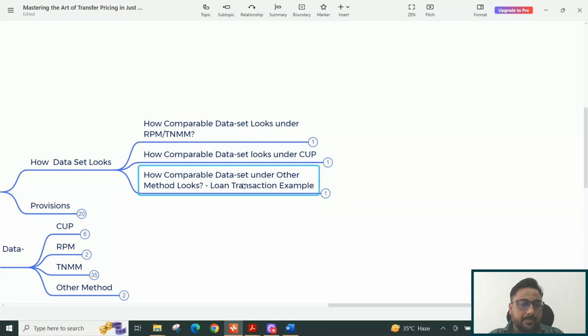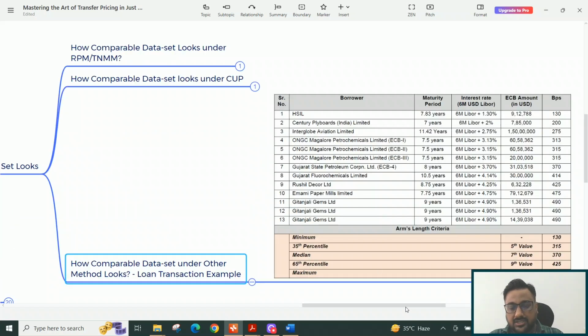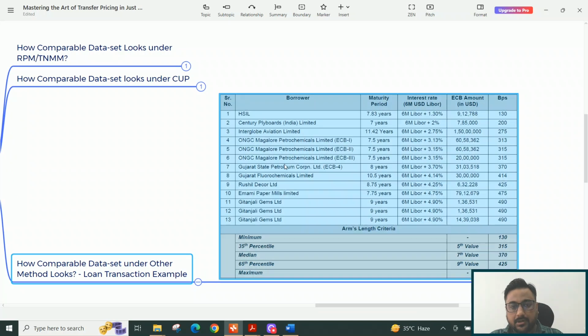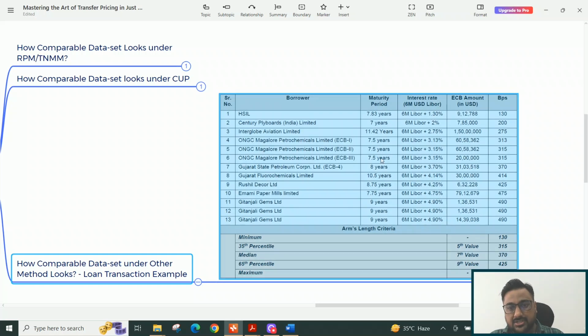Now how does the comparable data set look under the other method? We saw CUP, RPM and TNMM. This data set pertains to the list of ECBs which have been availed by various borrowers, and as you can see, other terms and conditions are written here, like maturity period, interest rate, the ECB amount and the basis points.